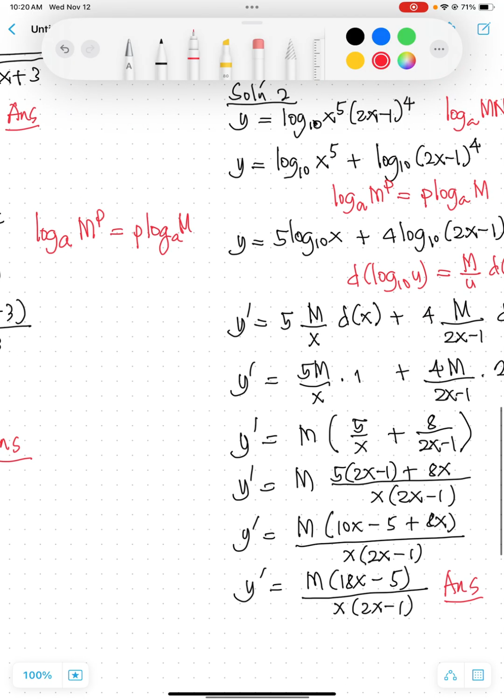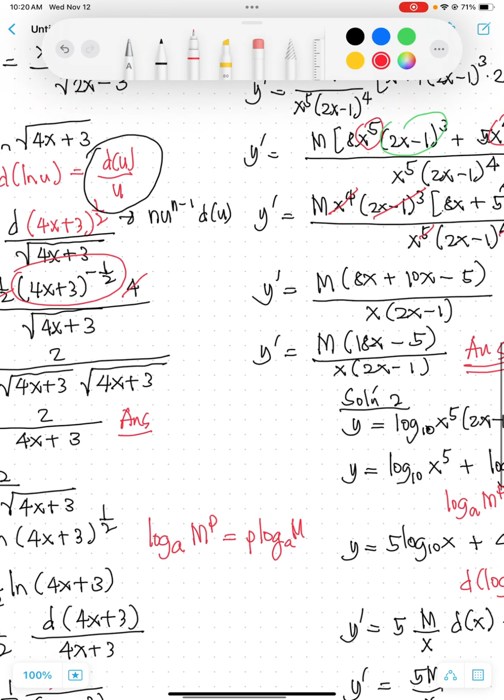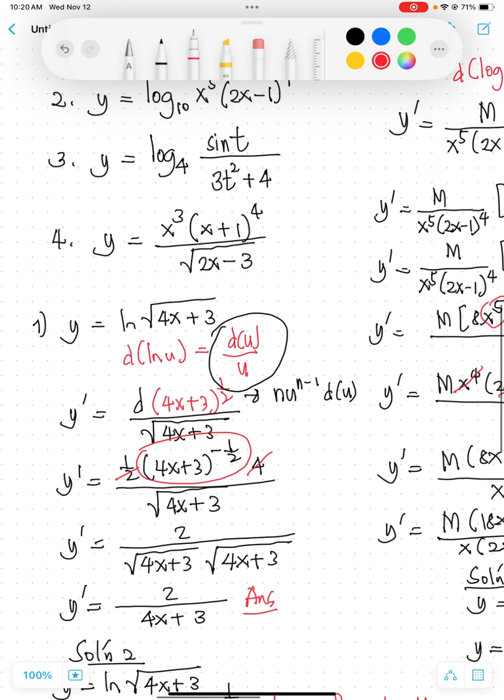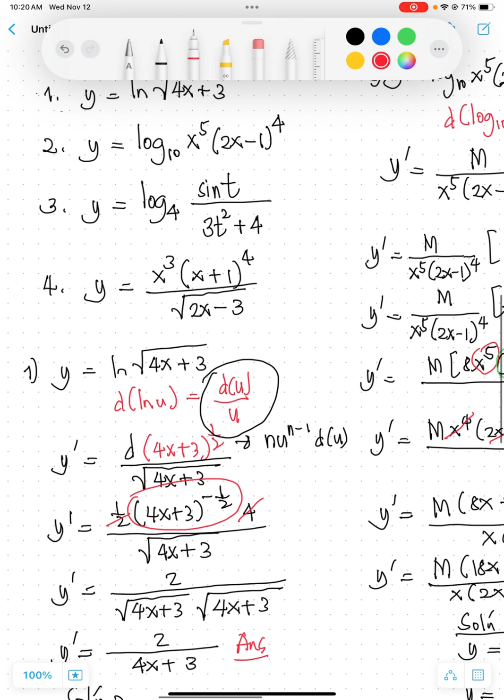Okay, next, number 3. Let's solve problem number 3. Number 3 is y equals log to the base 4 of sine t divided by 3t squared plus 4.